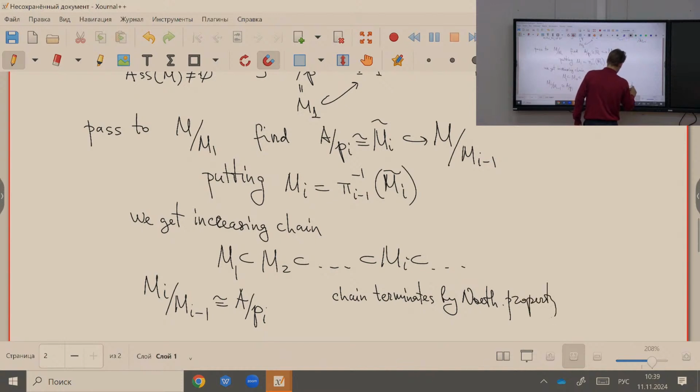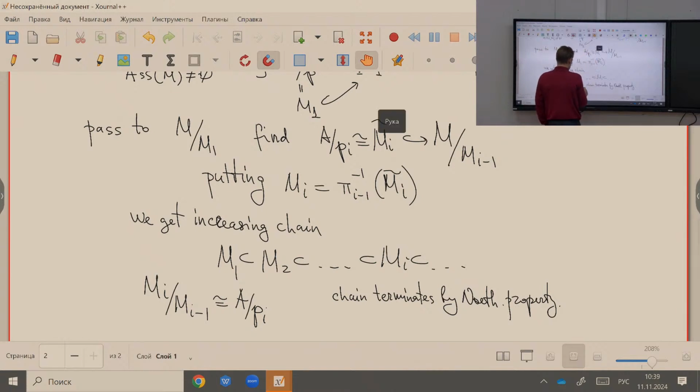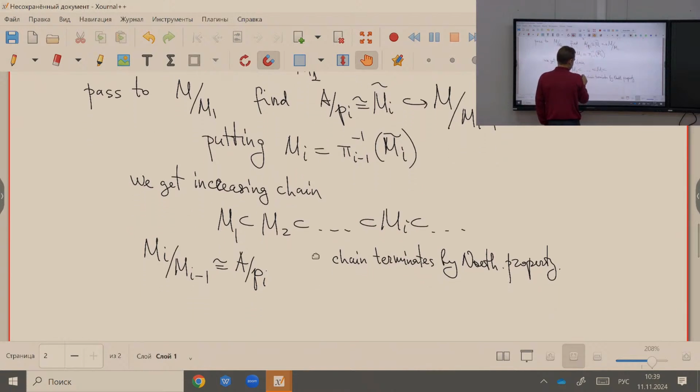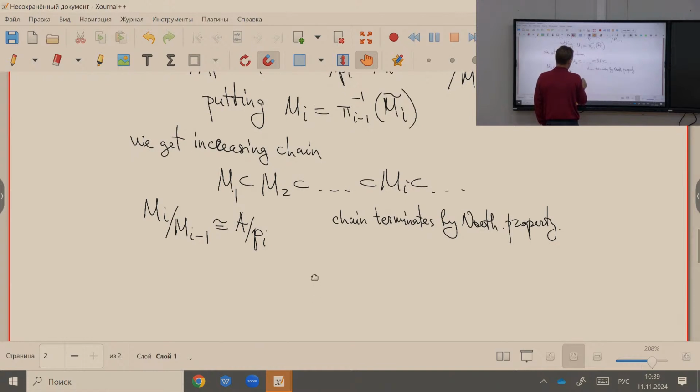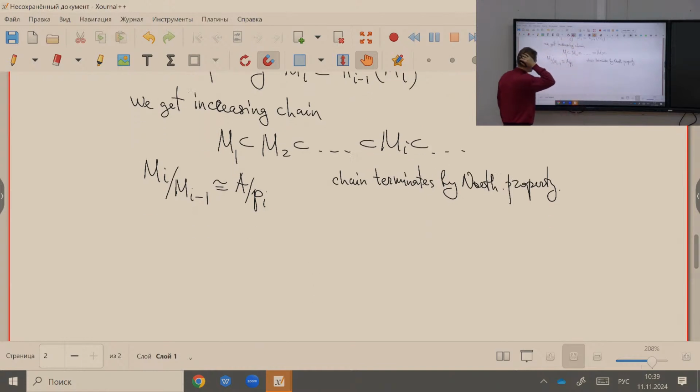Yeah, so notice that so that actually, yeah. So now this gives you the corresponding sequence of modules.